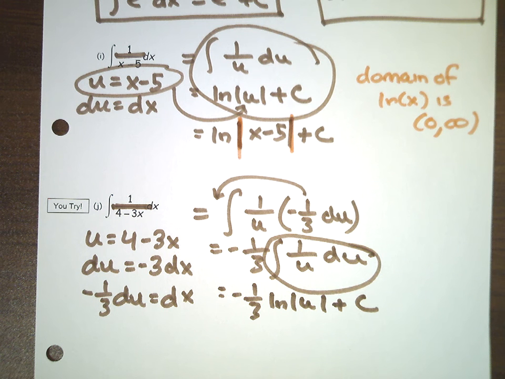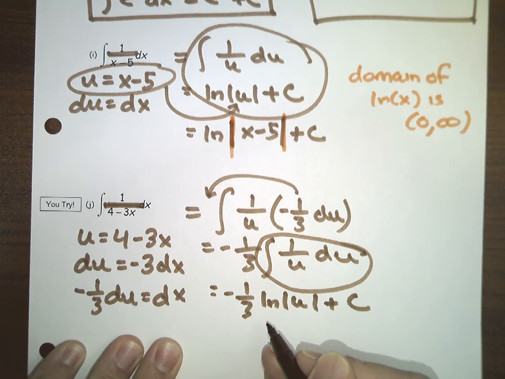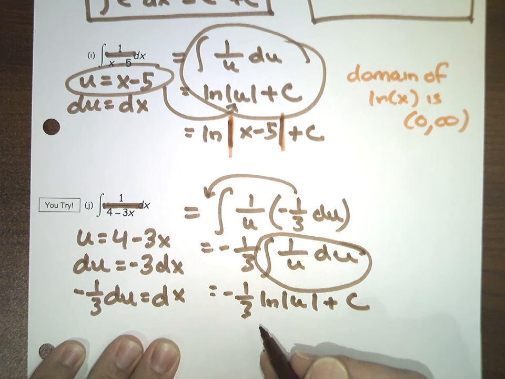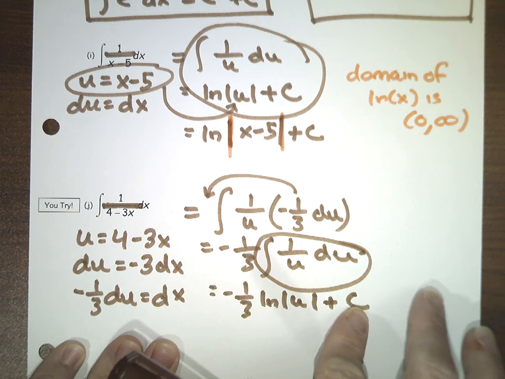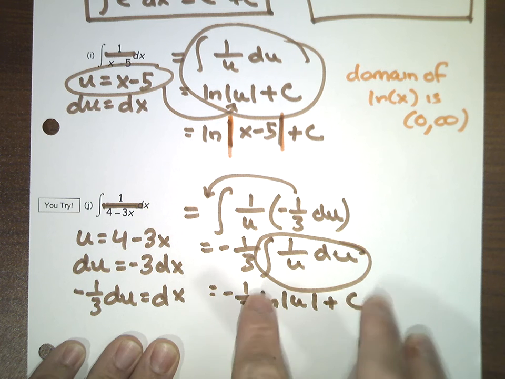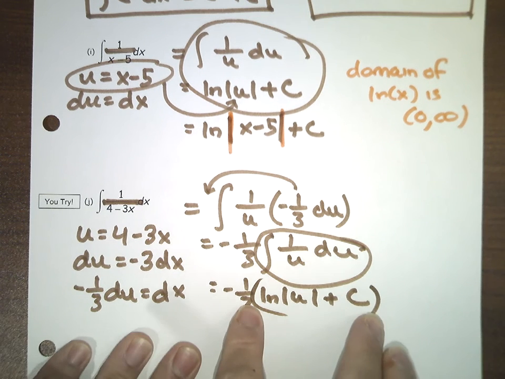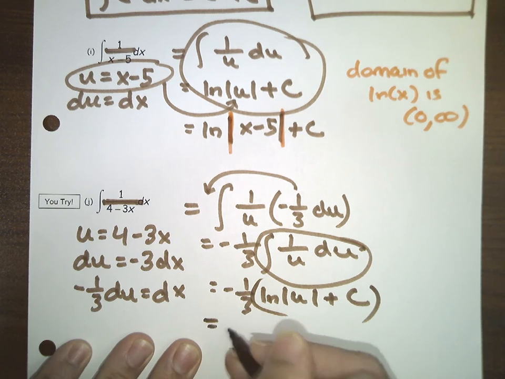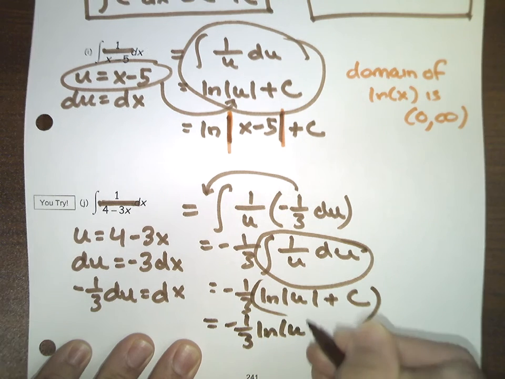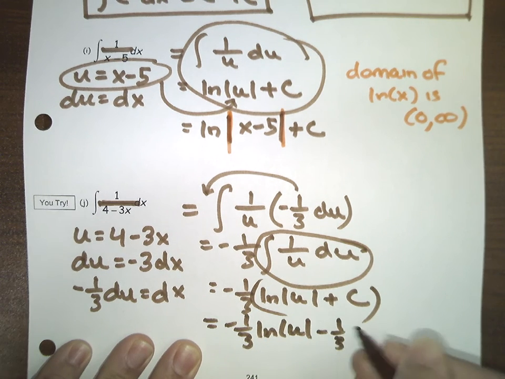Oh, okay. So let me go back to, how do I know that I use this formula and not the power rule formula? Okay, that's a good question. So now the other thing here is that you notice that I'm just adding the constant to the end. That's okay to do. You don't have to put this in parentheses and then have negative 1/3 natural log of absolute value of u minus 1/3 of c, right?